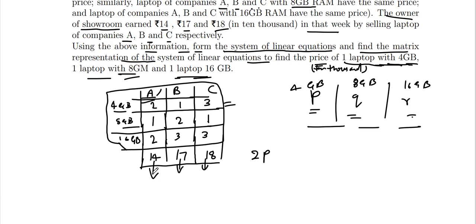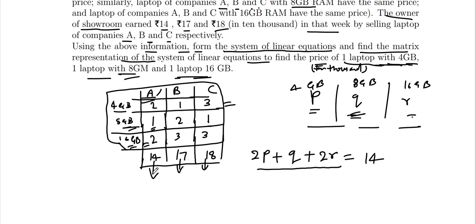And 1 laptop of 8 GB of company A, whose price is Q. And 2 laptops with 16 GB of the same company A, so 2R. The owner earned 14, so 2P + Q + 2R = 14. This is the total selling price of company A.